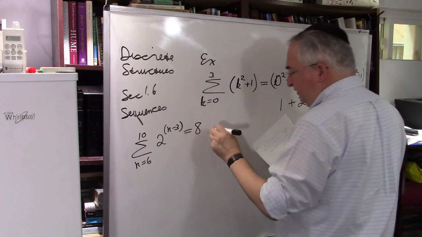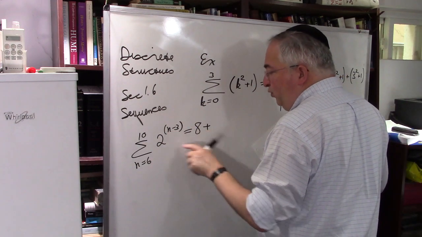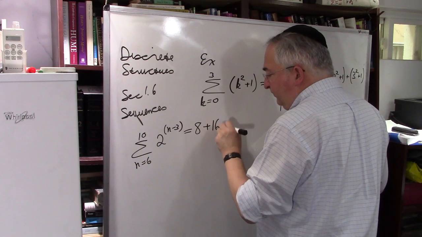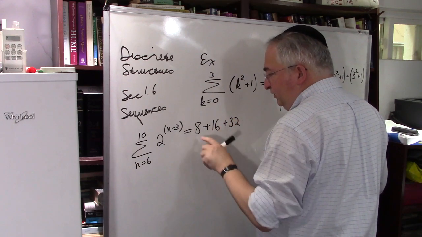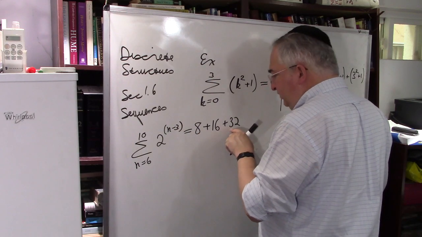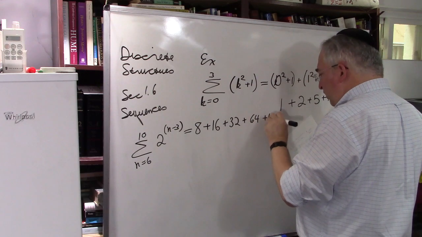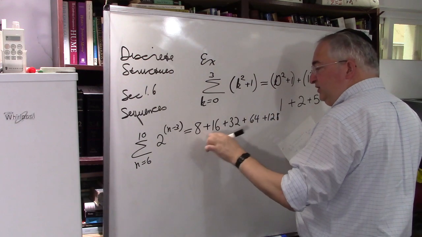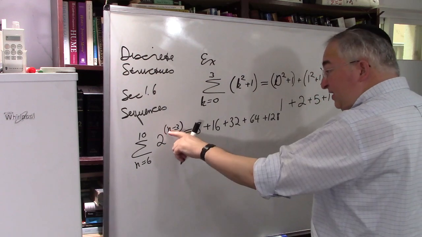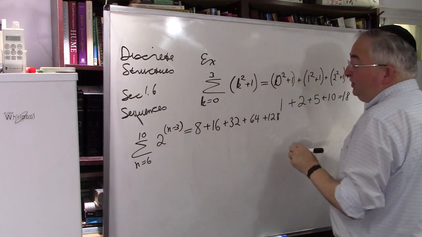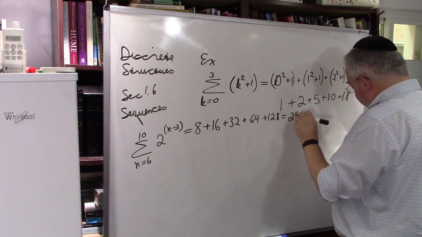Next, 7 minus 3 is 4, 2 to the 4 is 16, plus 32, so this is 6, 7, 8, plus 64, plus 128. 6, 7, 8, 9, 10. The last one is 10. 10 minus 3 is 7, 2 to the 7 is 128. And if you add this all up, you get 248.